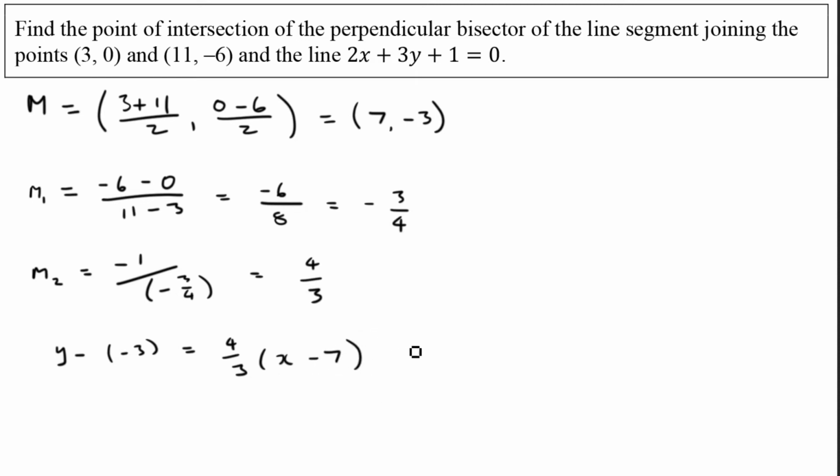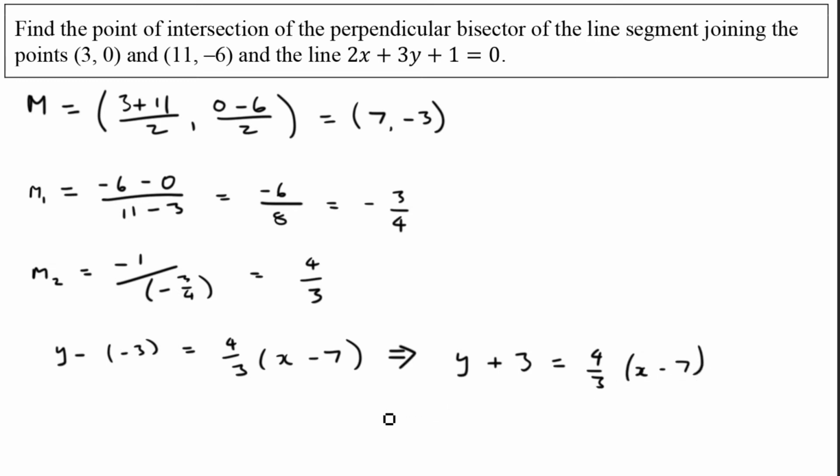Now, we need to tidy this up a bit because we're going to have to compare it to another line which has been given to us in the ax plus by plus c equals 0 form. So let's tidy our equation up so it's in the same form. y plus 3 is equal to 4 over 3 (x minus 7).